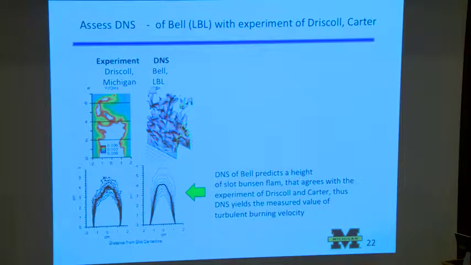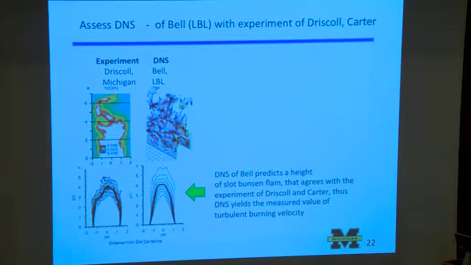Anyway, once you image where the reaction zone is, where the OH is, you can get experimental results like the picture on the left. And the people at Lawrence Berkeley Lab spent a lot of computer time and computed this with DNS. And it's an interesting exercise.